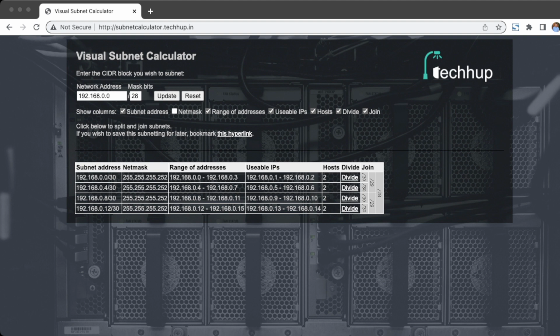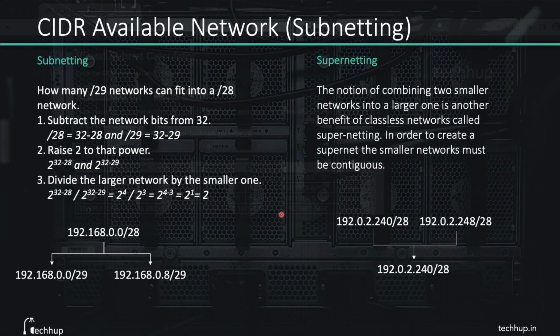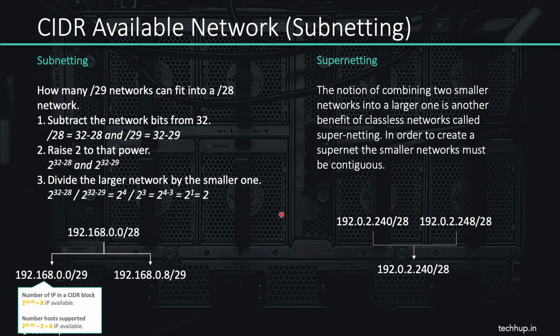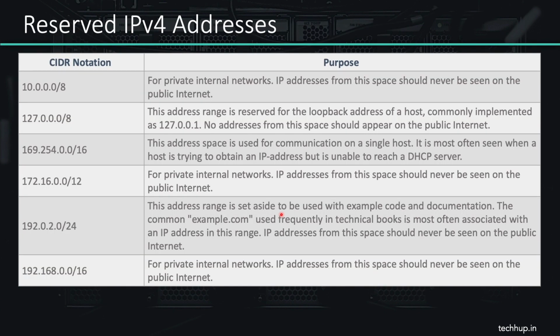But having said that, to understand the basics it's important to understand the calculation techniques and the formulas, the reference for which has been provided in my earlier slides. Moving forward, even with CIDR blocks, we have some reserved IP addresses, like 10.0.0.0/8, which is reserved for private and internal use on your network, and it could be used but not on a public facing internet.